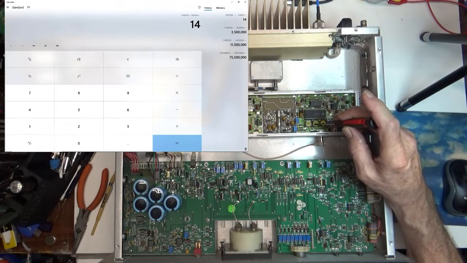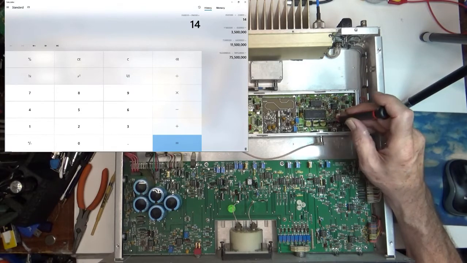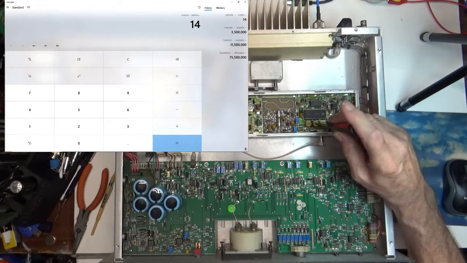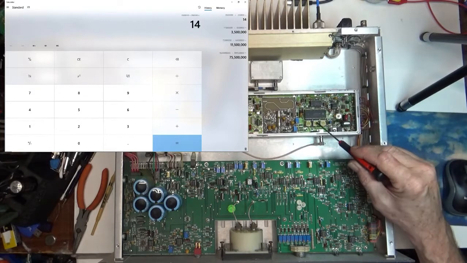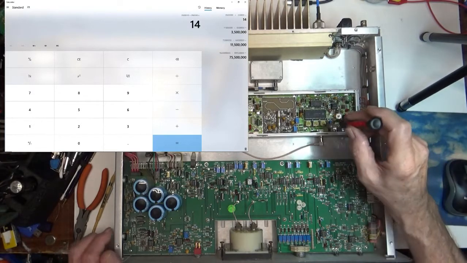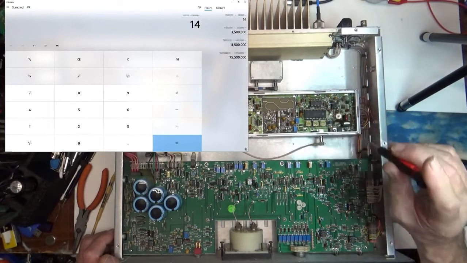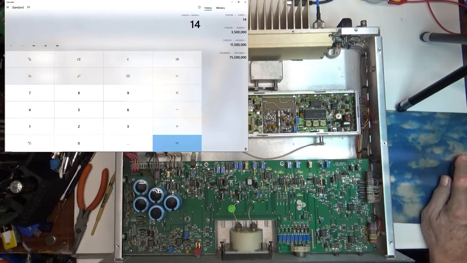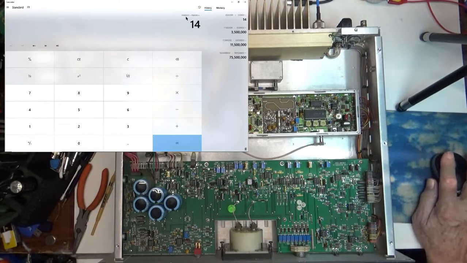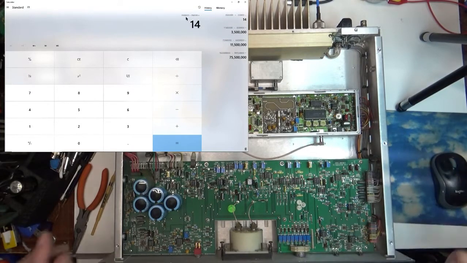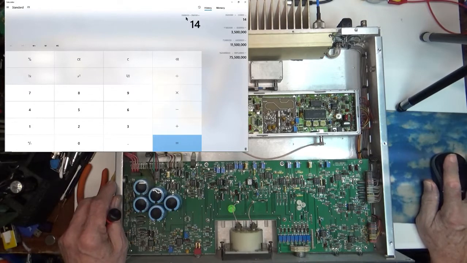A is 10, B is 11, C is 12, D is 13, E is 14. So this switch is on E. There's a little arrow here that you can just barely see pointing to it. Because we have nothing left over for the 25,000 hertz, this switch goes to 0.